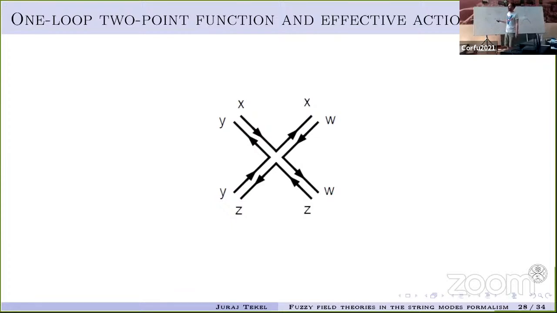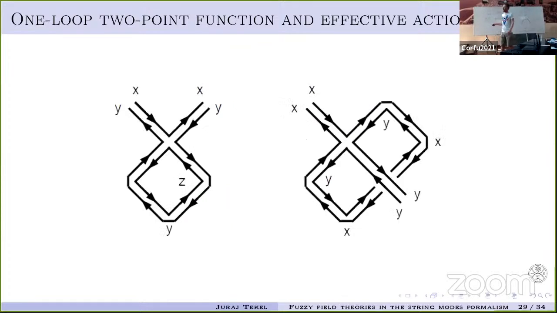For the one loop, you can connect either these two legs or these two legs, and this leads to two very different diagrams. The interesting thing is that the free variable that you integrate over now is an intermediate point on the sphere. But what I want to stress here is that the planar diagram connects mode xy with mode xy.